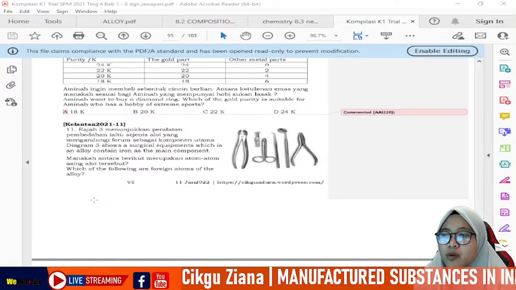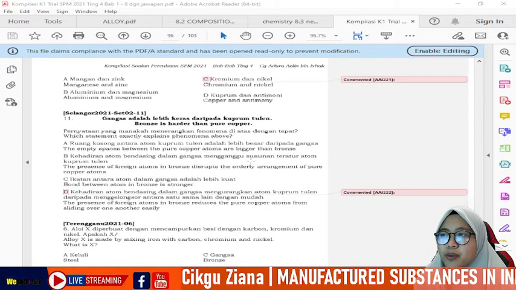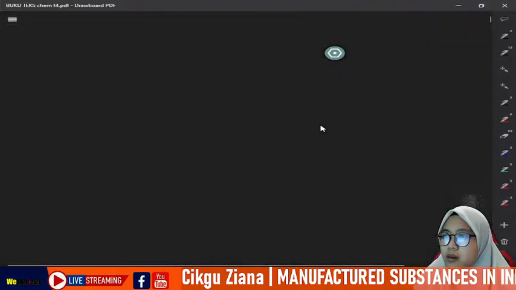Okay, which of the following are the foreign atoms of the alloy? Ini nak buat apa? Alat pembedahan. Amirul, apakah jawapannya? Sebelum tu saya nak tanya, what is the alloy? Alat pembedahan.